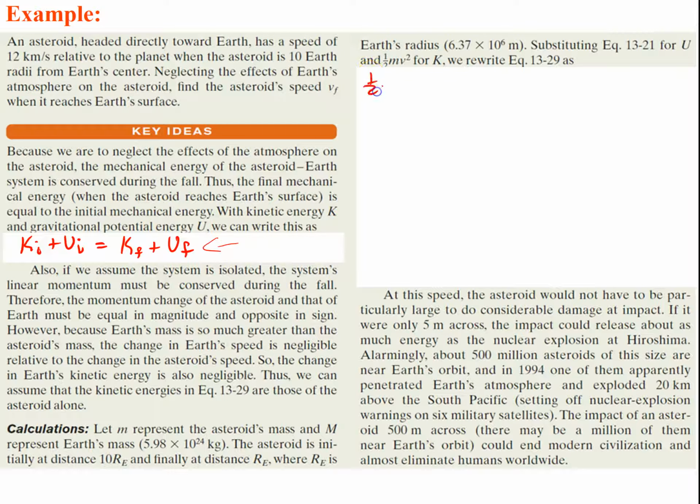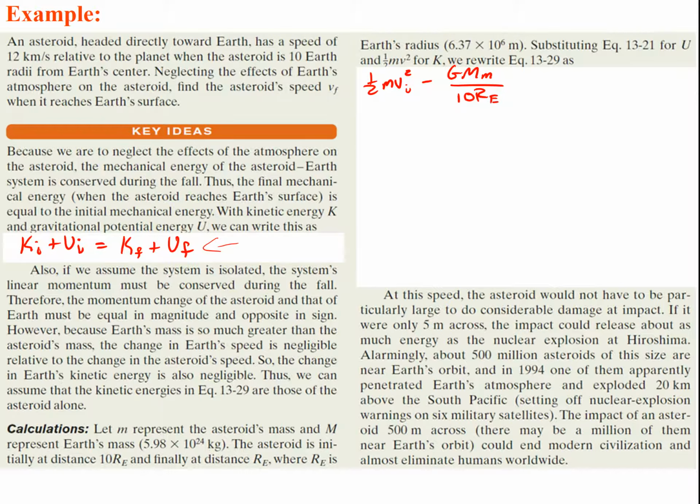Our initial is going to be 1/2 m v naught squared minus the potential energy, which is going to be G M times little m divided by 10 times the radius of the Earth.